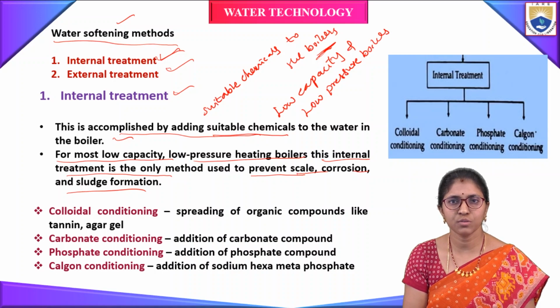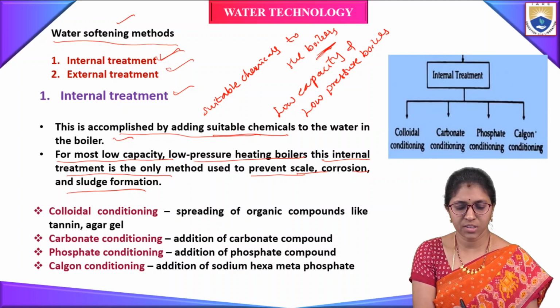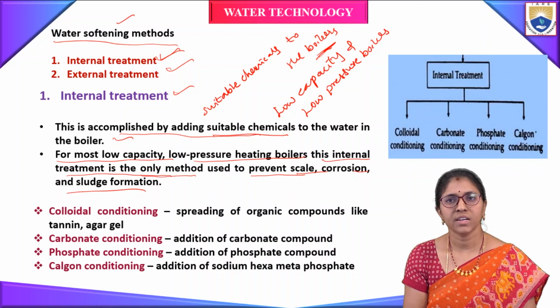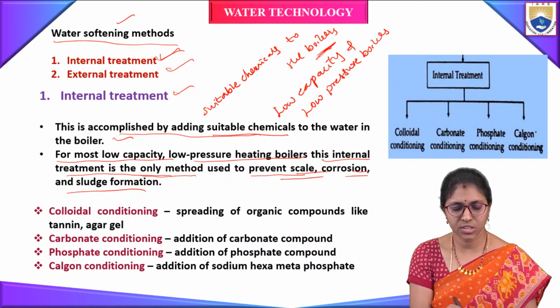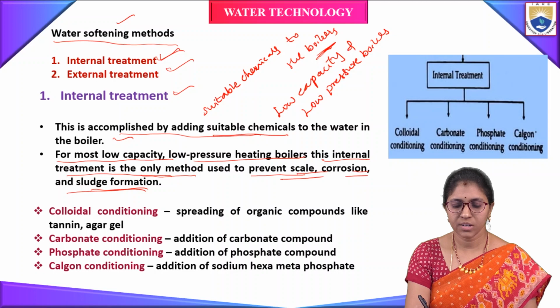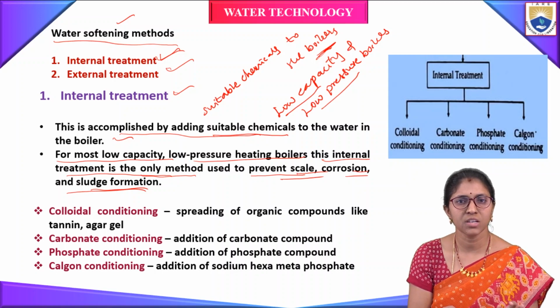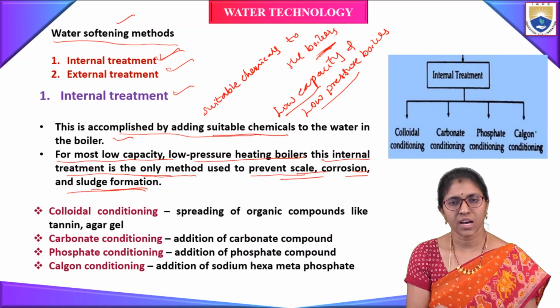Internal treatment is used for most low capacity, low pressure heating boilers. It is the only method to prevent scale, corrosion and sludge formation. So for low capacity and low pressure boilers, we have to use internal treatment methods, adding suitable chemicals to the boiler which contains boiler feed water.